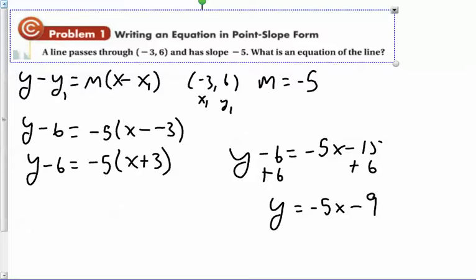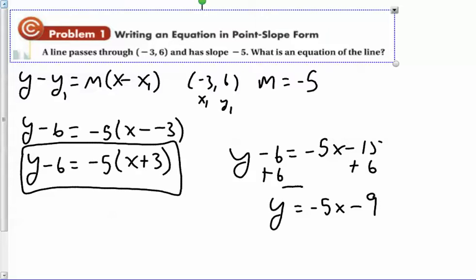There's your y equals mx plus b. This one is good. It is an equation of a line. This one is a little bit better, but not needed for this particular problem. So you have a got it. Why don't you pause the video, go ahead and do the got it, and I'll see you back here in a second.